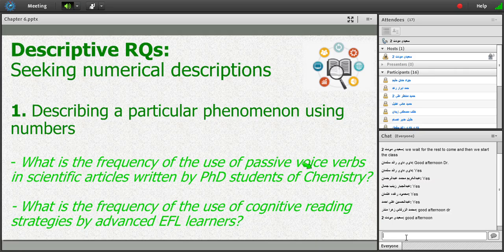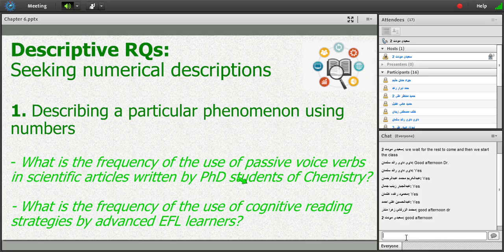So what is the frequency of the use of passive voice verbs? So I want to find the number of passive voice verbs where? In scientific articles. The articles that are published in scientific journals, written by whom? By PhD students of chemistry. Why?